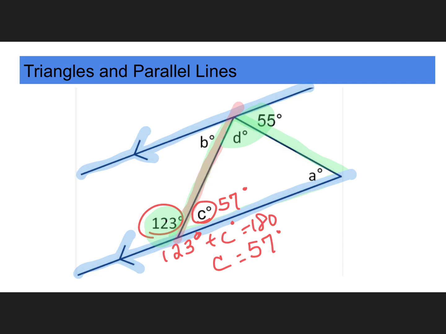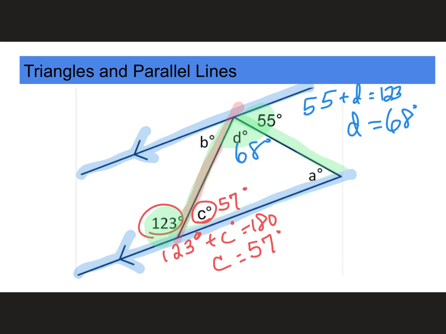So that means that 55 plus D must equal 123. That means that D must be 68 degrees. So this is 68 degrees.